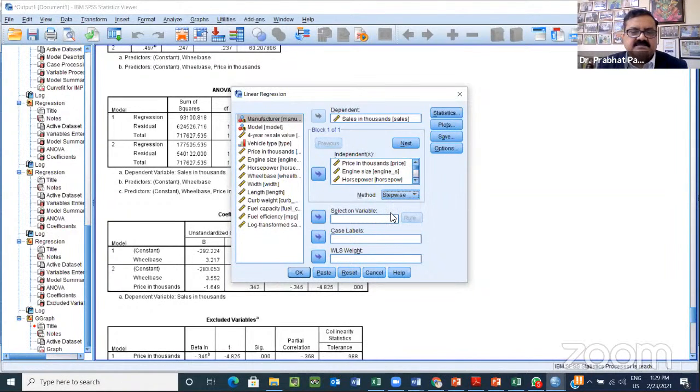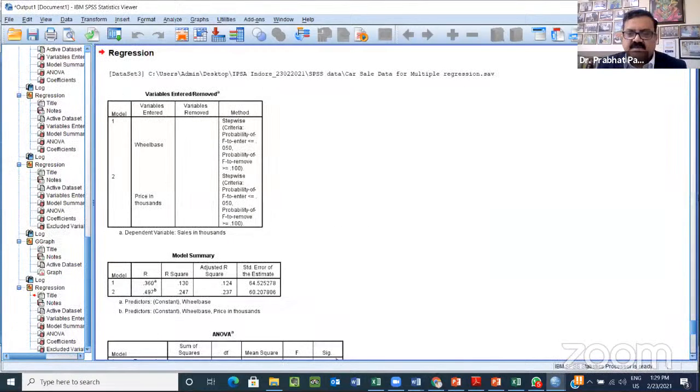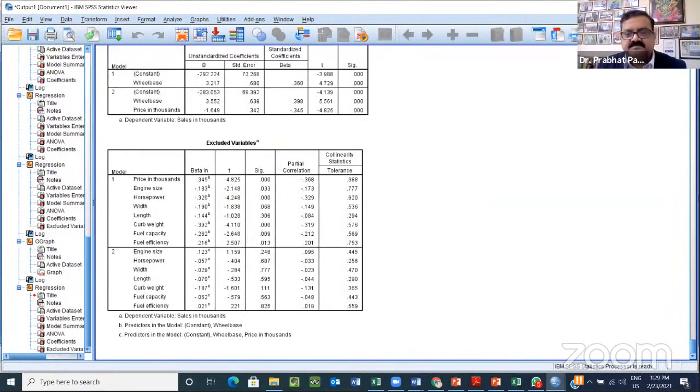So I just clicked stepwise. But if you keep Enter, that means it's a normal simple regression. But if you choose stepwise, it's a stepwise regression, so it will give you the stepwise result. Yeah, I got it. Thank you. So you just say okay and you get the result.